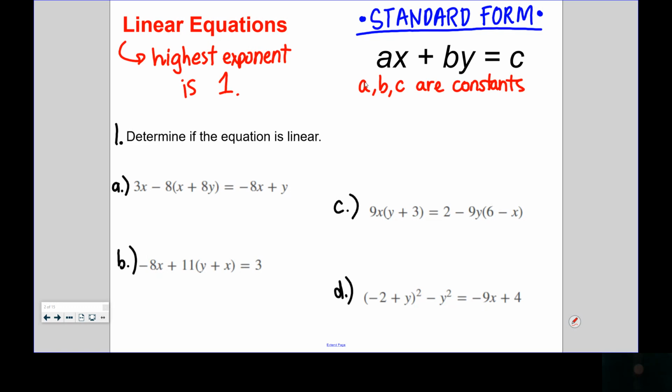So let's take a look at the first one. We're just going to think about this one; we're not going to do a whole bunch of work here. Let's think about what would happen if we multiplied through by -8. Is that going to cause us to have an exponent greater than 1, or any variables being multiplied?